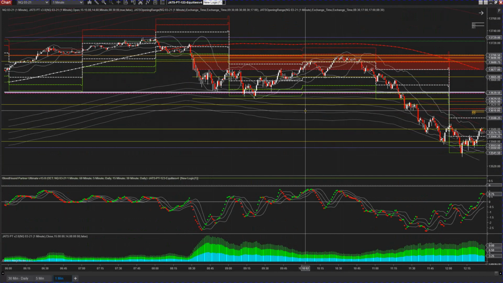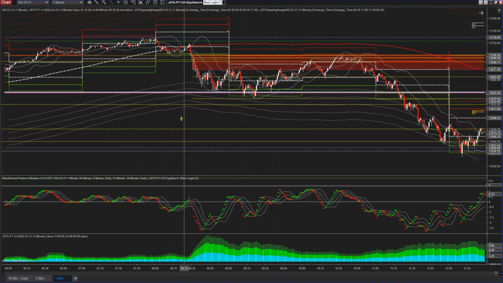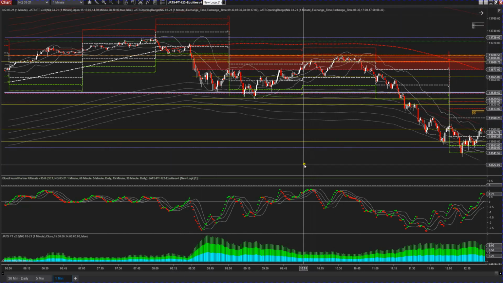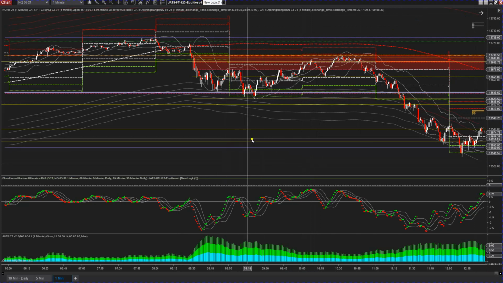I like to use the LRT lines of a 5-minute chart on the 1-minute chart. So I've got a 5-minute chart hidden under here. And so I can apply the LRT lines indicator to that 5-minute data, but draw it on the 1-minute chart. So one day I'll get that indicator updated to allow multiple time frames. It's on the to-do list.